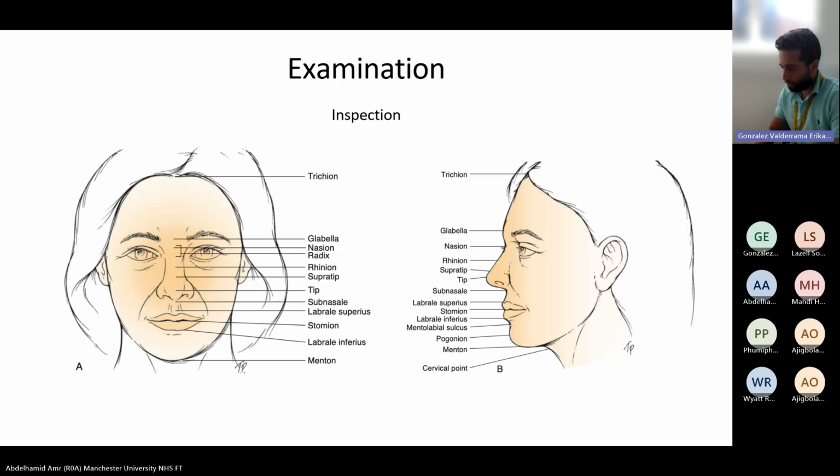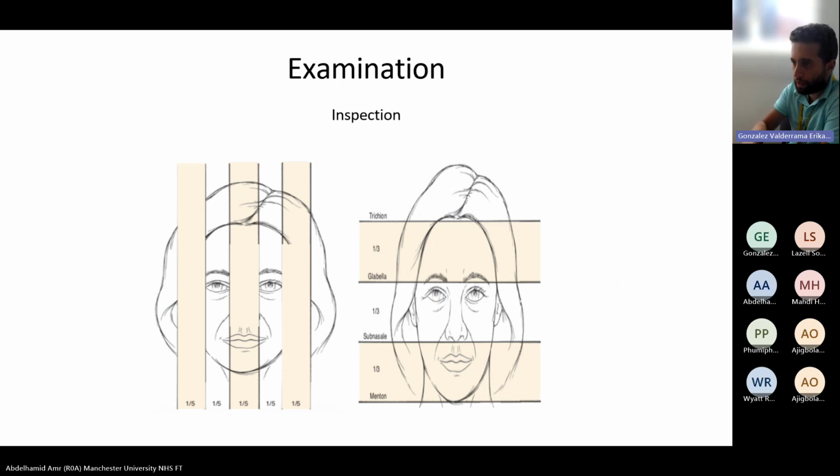And on the frontal view and on the lateral view, there are certain important angles. Before we go to the angles, as we said with the inspection, you look at the face and divide it into fifths horizontally and thirds vertically. This is how you assess if there's any facial asymmetry.